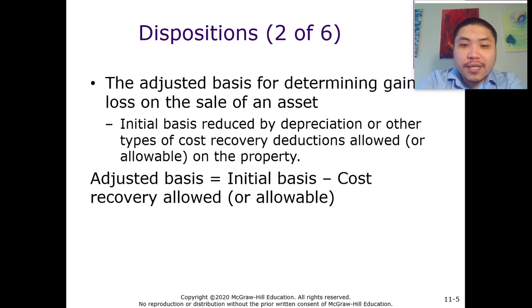That depreciation, amortization, or depletion is what we talked about in chapter 10. And after they recover the cost, what's left over is the adjusted basis.